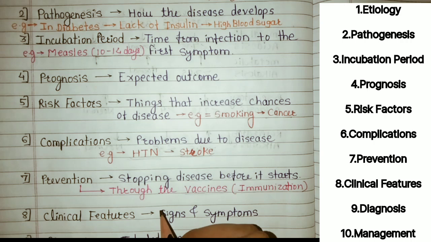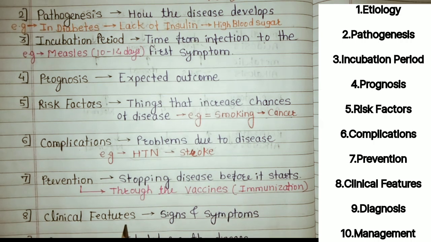To prevent further complications and further diseases, which is primary prevention, to stop the disease before it starts. Then hand washing is the main thing we do to prevent attack by different types of bacteria. That is prevention.